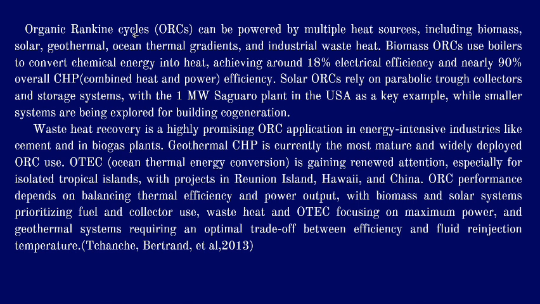Now, waste heat recovery is a highly promising organic Rankine cycle application in energy-intensive industries like cement and in biogas plants. Now, the geothermal organic Rankine cycle is currently the most mature and widely developed organic Rankine cycle. Ocean thermal energy conversion is gaining renewed attention, especially for isolated tropical islands, with projects in Reunion Island, Hawaii, and China.